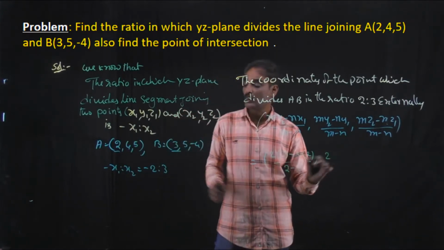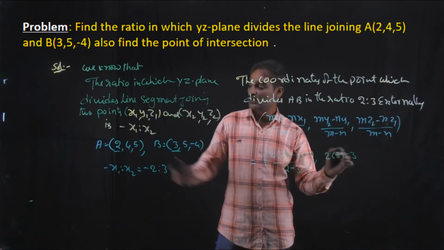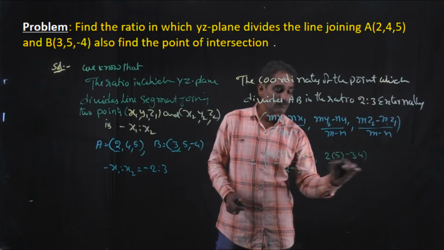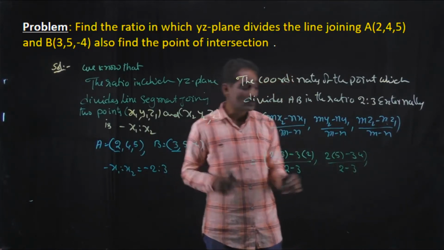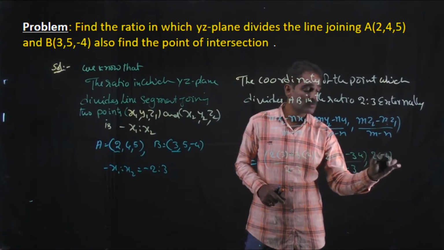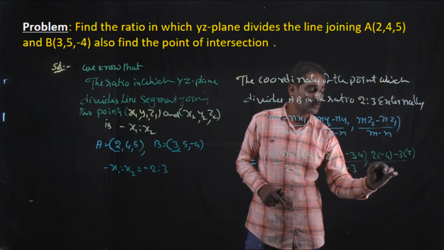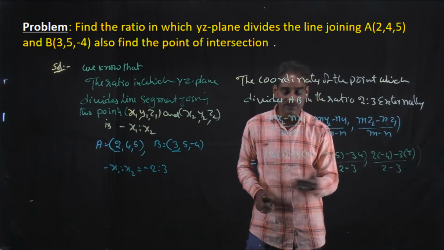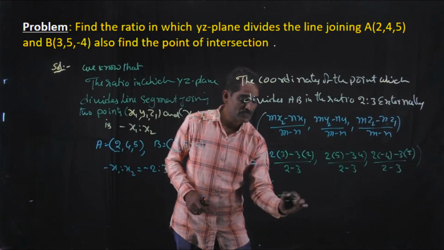Then my2 minus ny1 is 2 into 5 minus 3 into 4, by 2 minus 3. Next mz2 minus nz1 is 2 into minus 4 minus 3 into 5, by 2 minus 3. The denominator is the same for all three terms. So the denominator is minus 1 for all three terms.